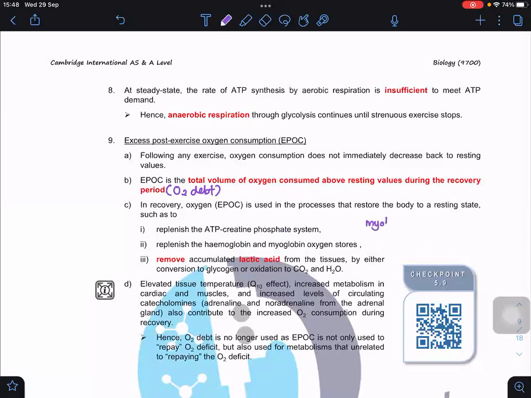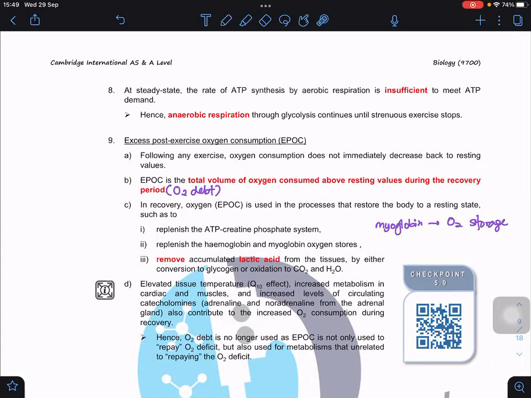Topic number 6. Myoglobin is oxygen storage. These proteins can capture the O2 until your body cannot meet the demand. When the O2 supply cannot meet the demand, they release the O2. So now we have more O2.